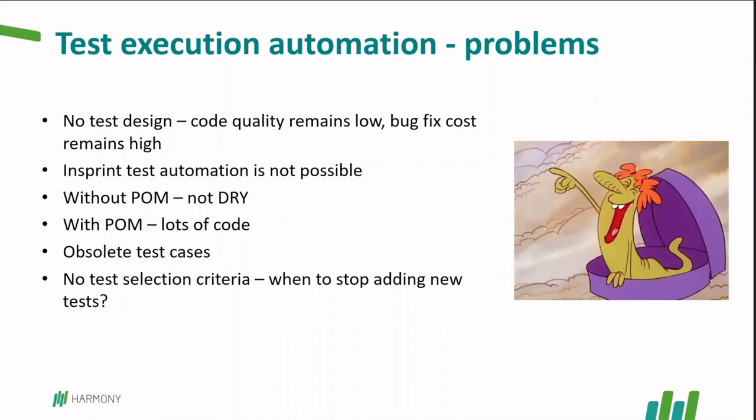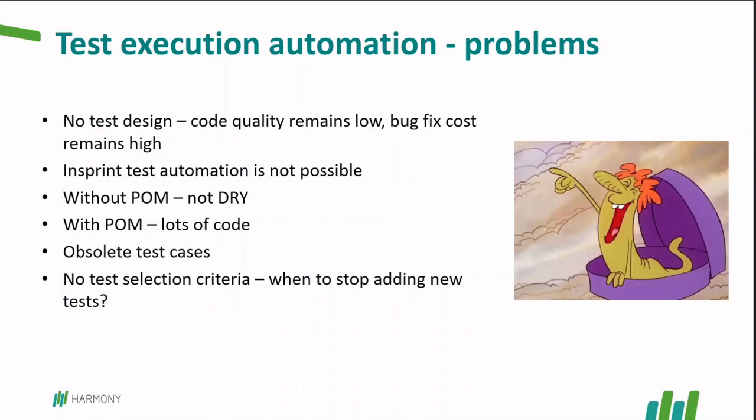You can do test automation with applying page object model or not. If you are using this, then you should write lots of code. If you are not applying page object model, then the solution will not DRY, don't repeat yourself, and the maintenance cost becomes high. Unfortunately, there are obsolete test cases, and if you have some hundreds or even some thousands test cases, then it's very difficult to find and remove the obsolete test cases.